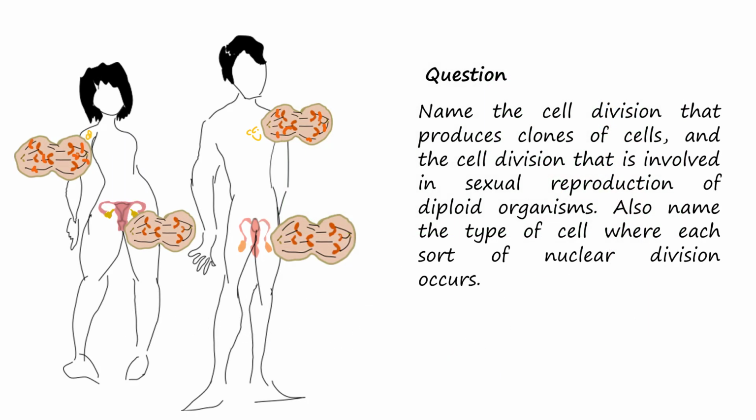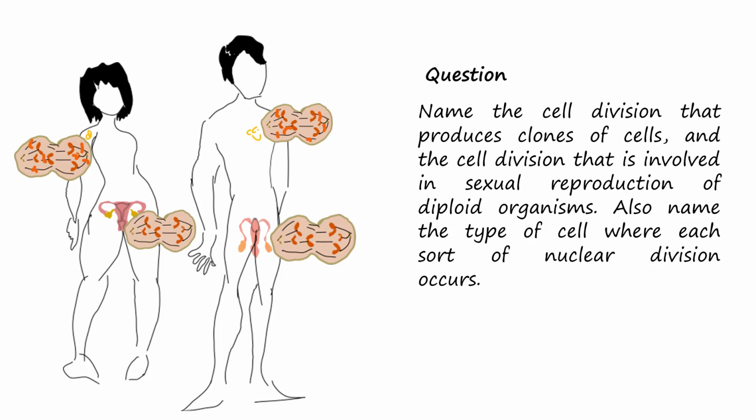Question. The haploid and diploid cells produced in the life cycle of humans and other sexually reproducing organisms result from different types of nuclear division. Name the cell division that produces clones of self and the cell division involved in the sexual reproduction of diploid organisms.